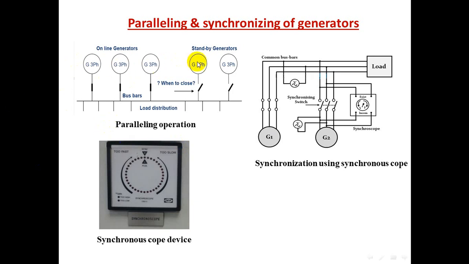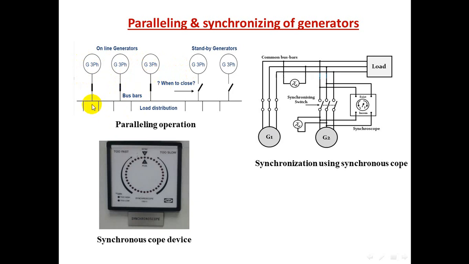Generators must have the same phase rotation. If you want to put the generators in parallel, there are conditions. The first, they must have the same phase rotation. Every generator must have the same rotation as the other generators.